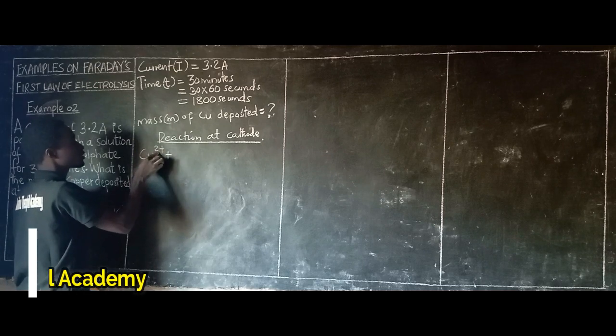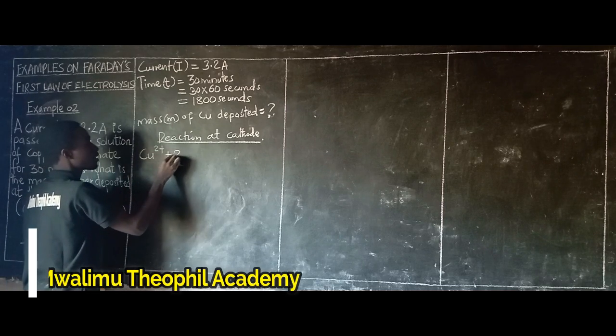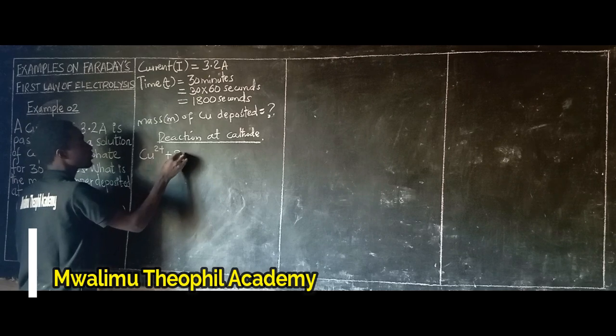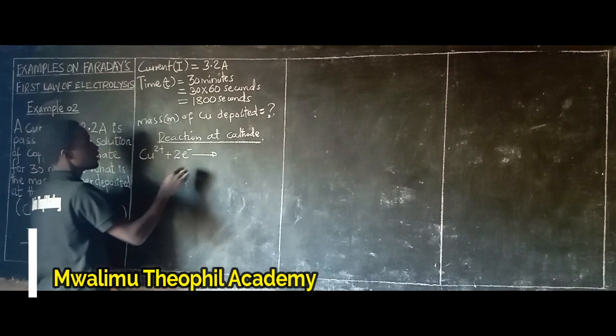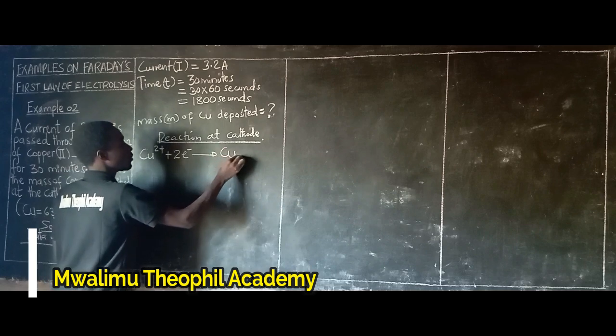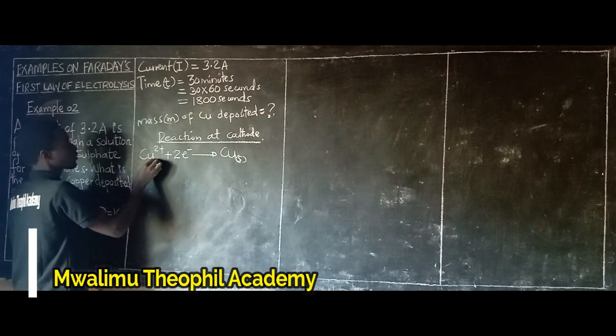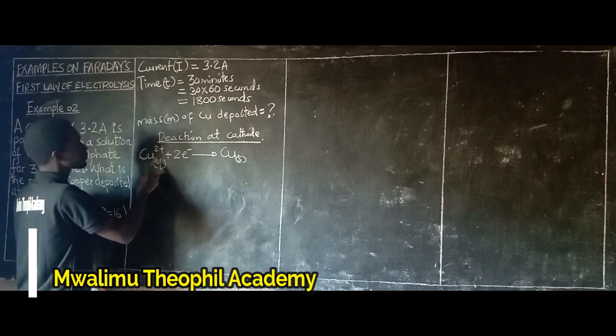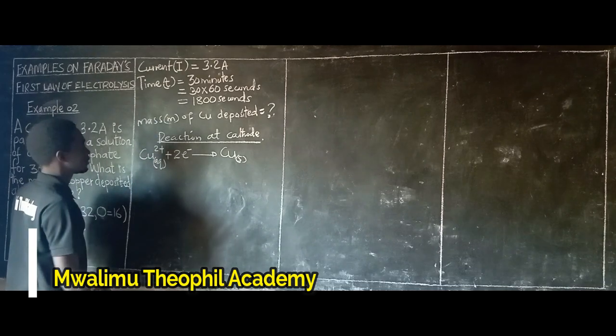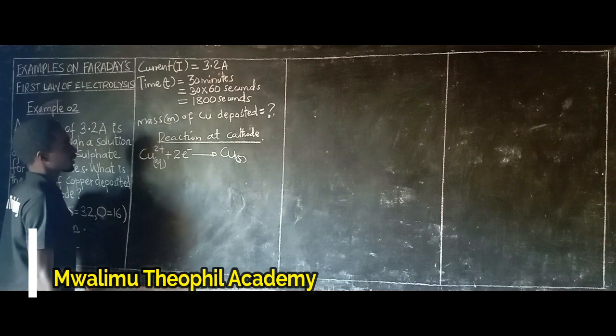It will gain electrons equivalent to its charge, I mean 2 electrons, and it will be discharged to copper, which is solid. Now this Cu2+ is in aqueous form. As you can see, this is the balanced equation for this reaction.